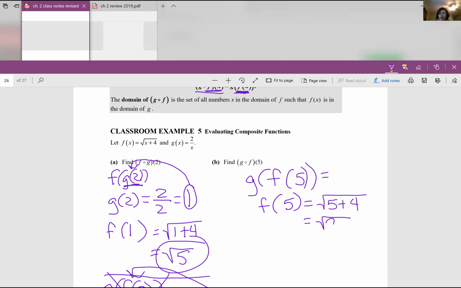And the square root of 9 simplifies to be what? 3. Good job. Okay, so what am I going to do now? Plug it in. Find the G with 3. Exactly. F of 5 is 3. So I'm going to put 3 into my G function, and I get 2 over 3. And that's the answer I was looking for.